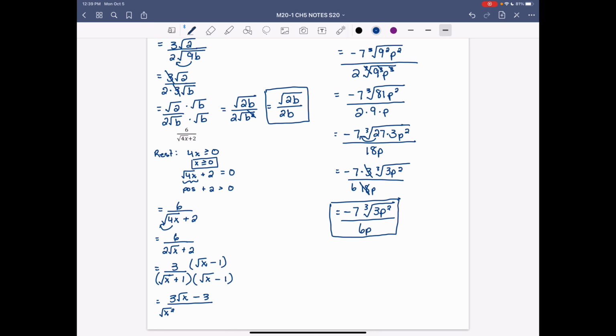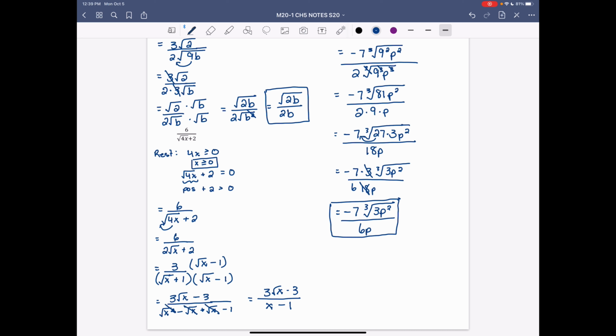Root x times -1, negative root x. 1 times root x plus root x. Positive 1 times -1 is -1. Middle terms add to 0. The root term, square root and squared, undo each other. We're left with 3 root x minus 3 over x minus 1.